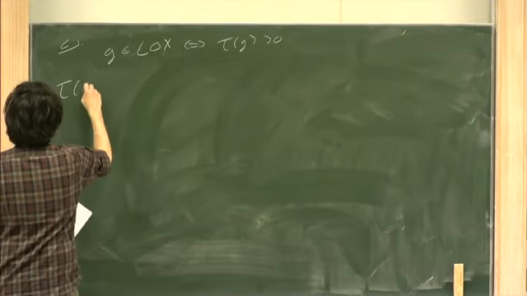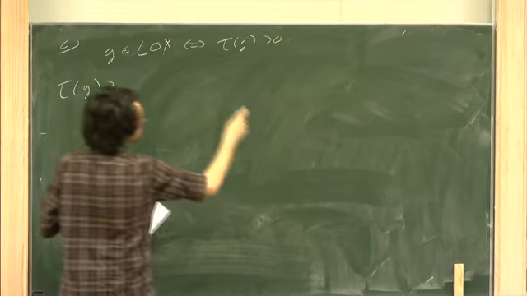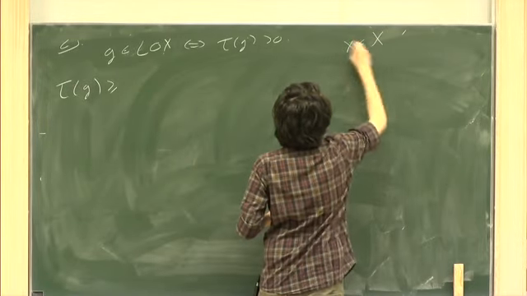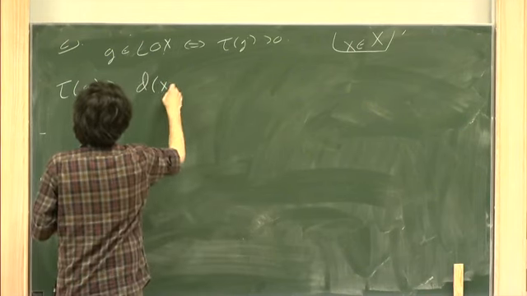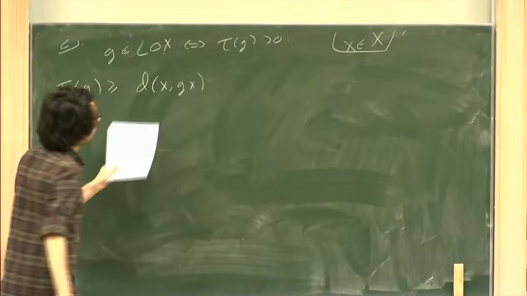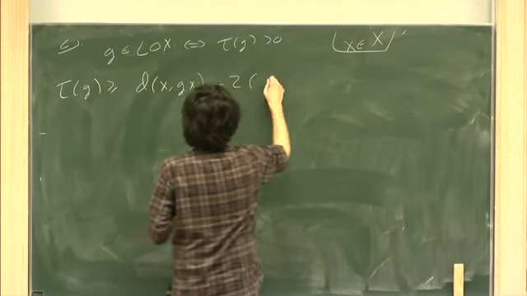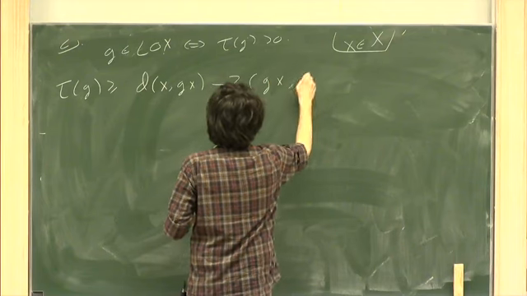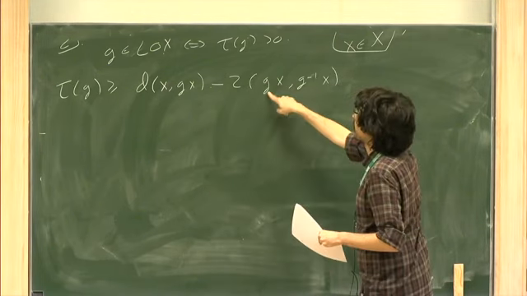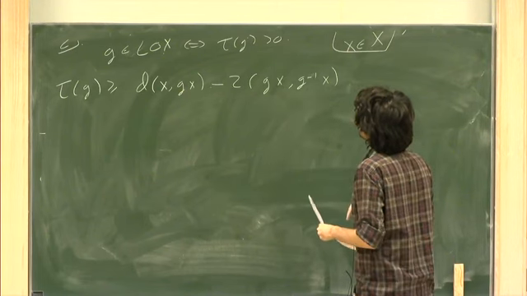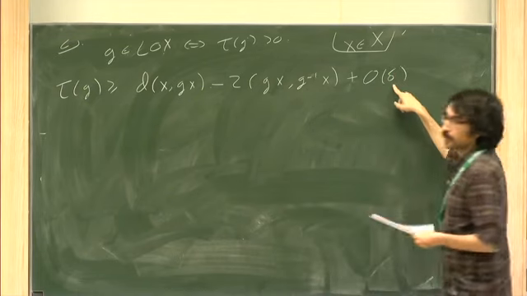It's well known that the translation length of G is at least, recalling I have my fixed base point, how much G displaces X, minus twice the Gromov product between the displacement of X by G and the displacement of X by G inverse. This is true up to some constant depending on the hyperbolicity constant.